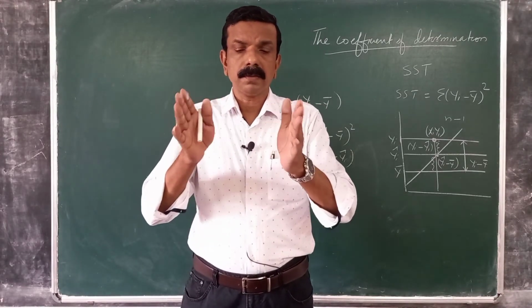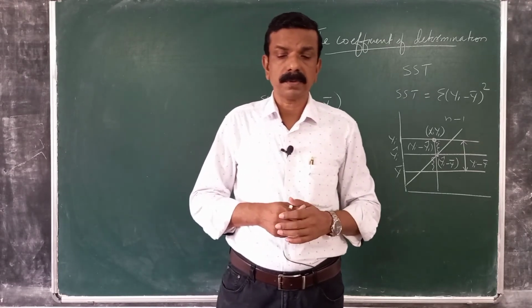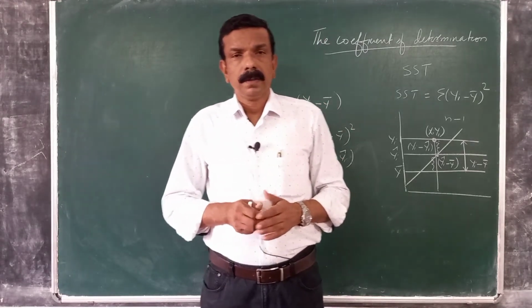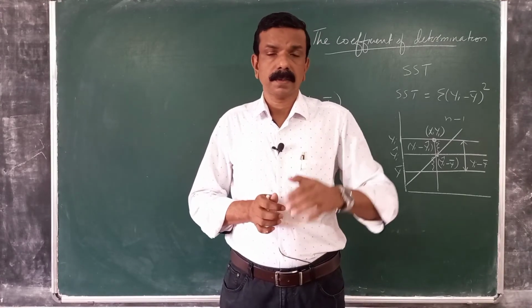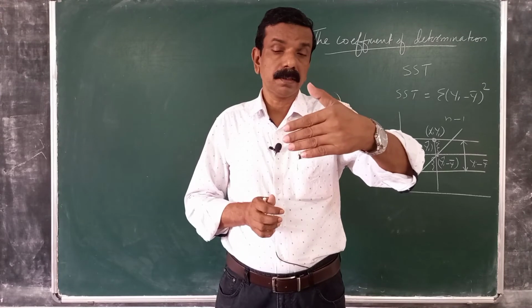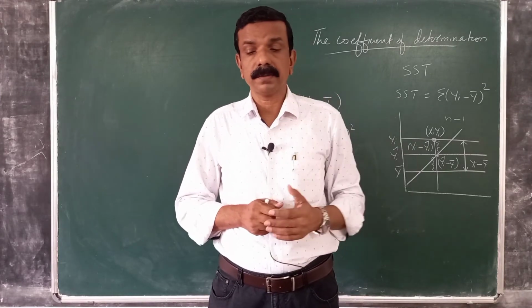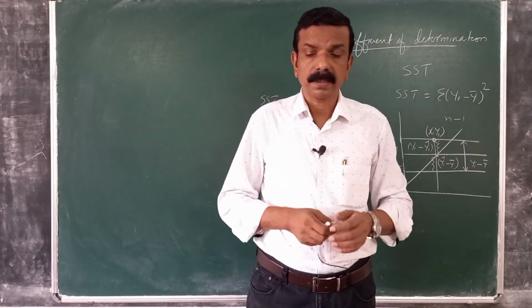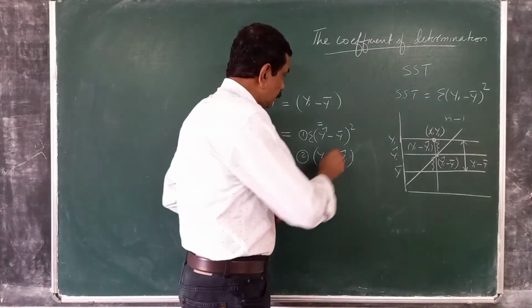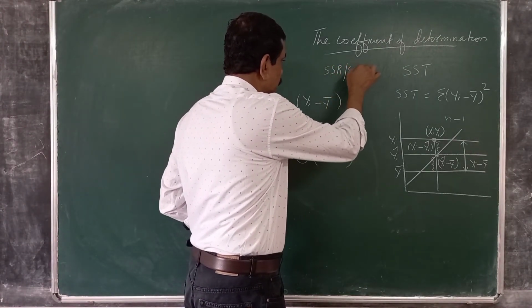Now, using the total sum of squares and the regression sum of squares, we can determine the percentage of the variation in the observed values of the response variable that is explained by regression, as SSR by SST.